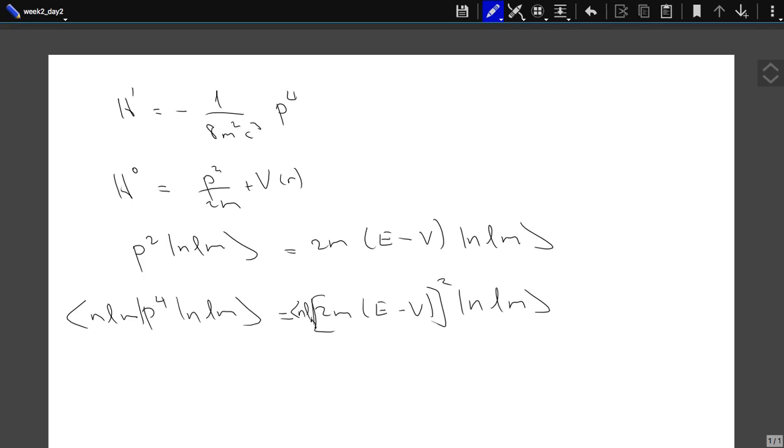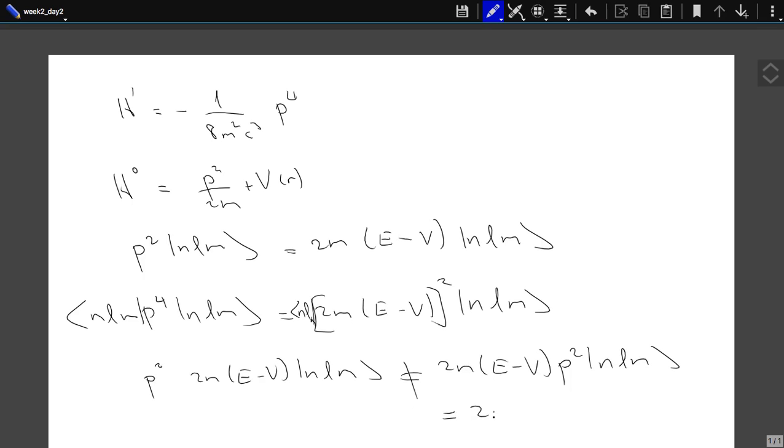And we said that there was something wrong here because p squared doesn't commute with V, so p squared times 2m (E minus V) acting on nlm is not equal to 2m (E minus V) times p squared acting on nlm, which is 2m (E minus V) squared acting on this state.